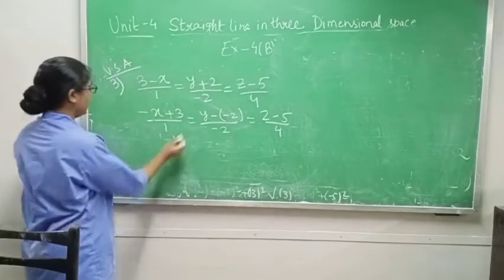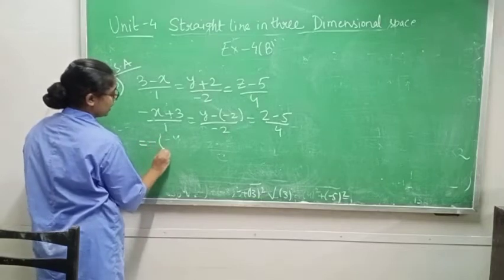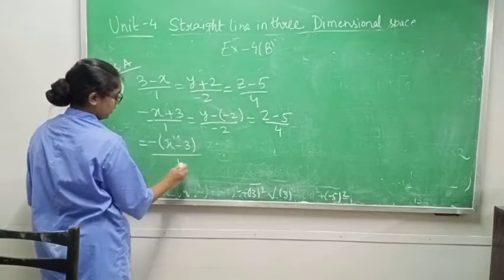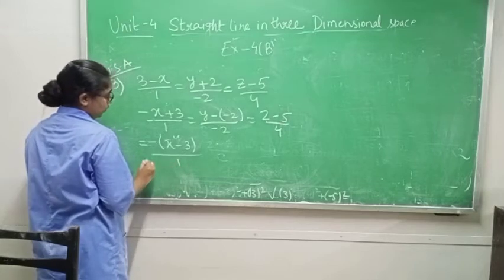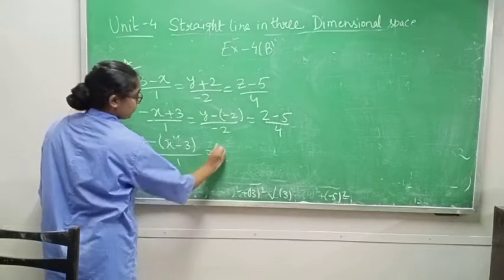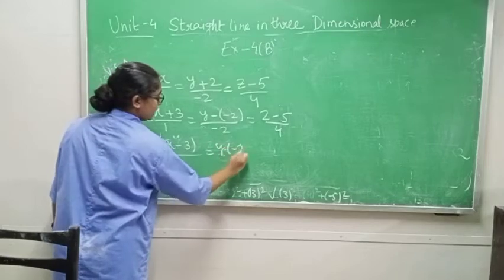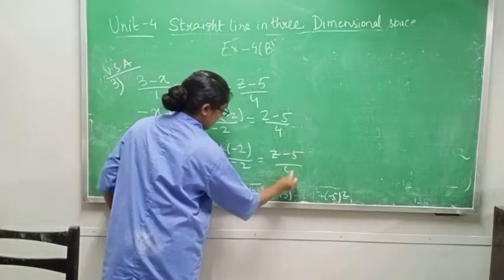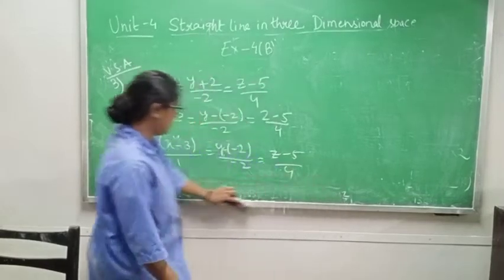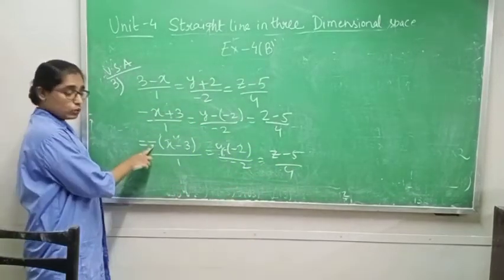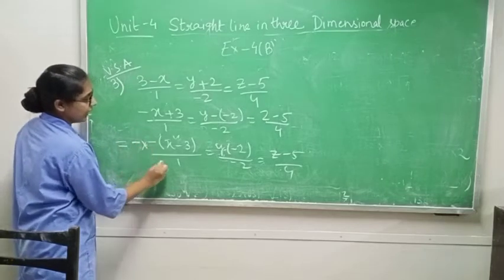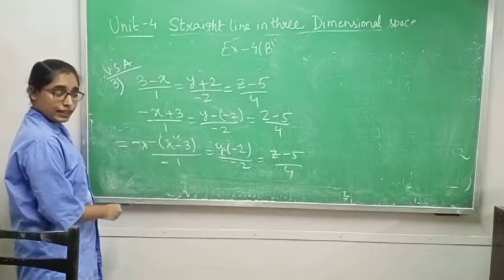After this, I take minus common, so it becomes (x minus 3)/1. To remove this minus sign, I have to multiply by minus one, and if I multiply up, I have to multiply down also.